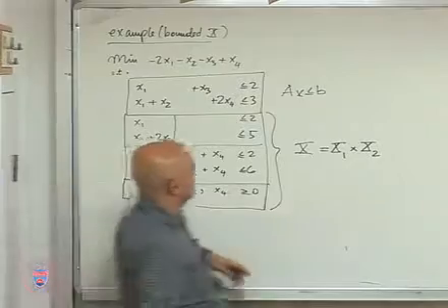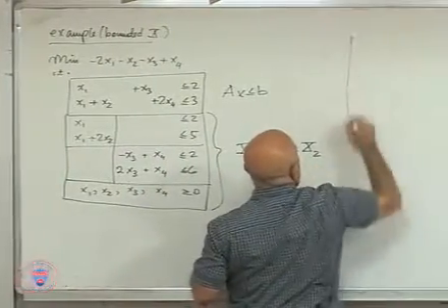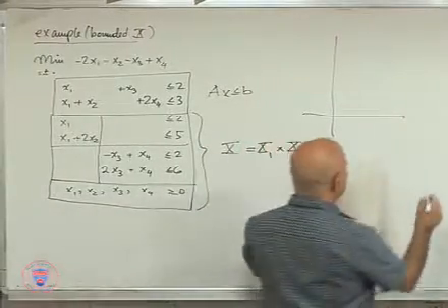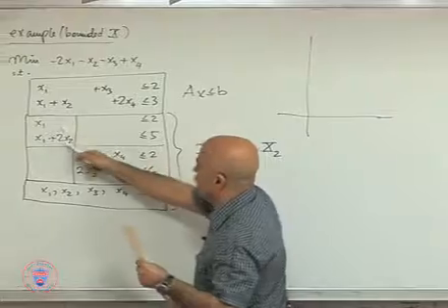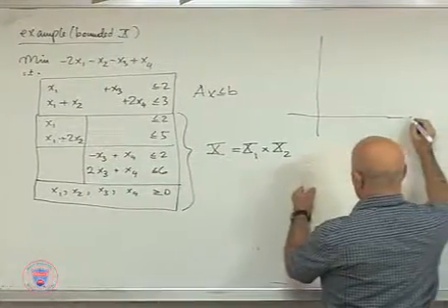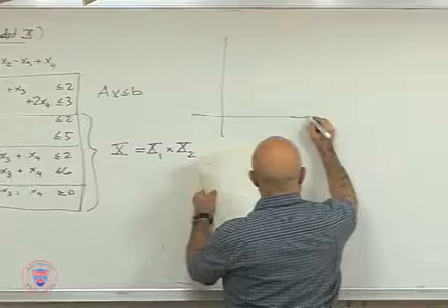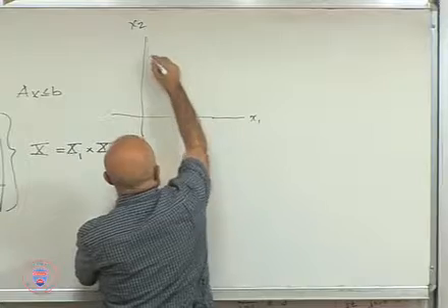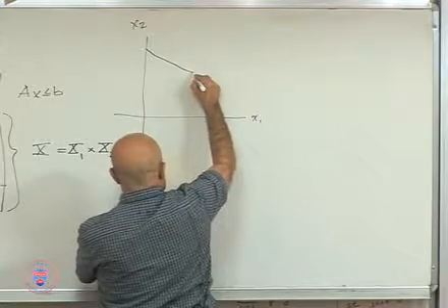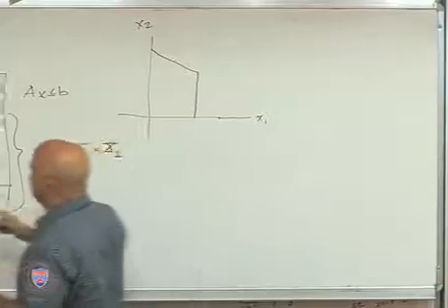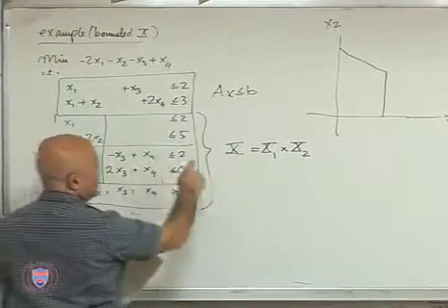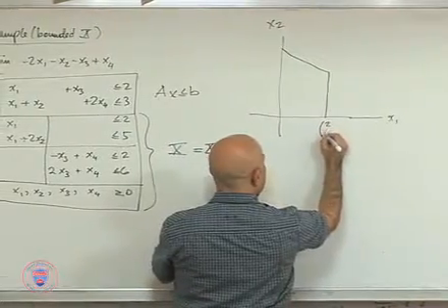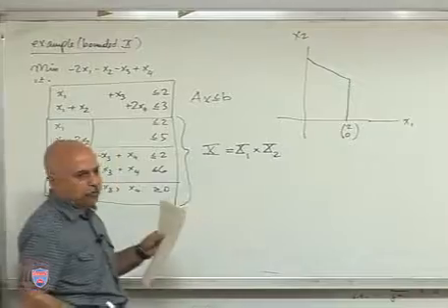So let's just plot these. If you look at the first two constraints in the lower portion, it's going to tell you in the x1, x2 plane that you have a feasible set that looks like this. You have a simple upper bound constraint. So this is the extreme point, 2, 0, which tells you x1 is less than or equal to 2.